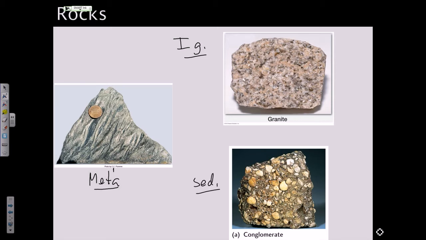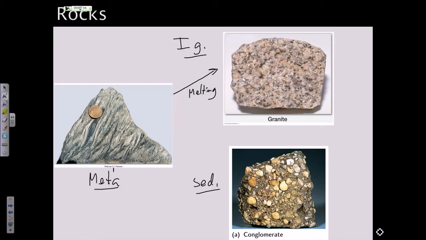The rock cycle involves changing one rock into another rock. So if we want to take a metamorphic rock, we can start there. We can drive it to create an igneous rock by melting it. Okay. That melt will then crystallize. It's a process that forms an igneous rock.